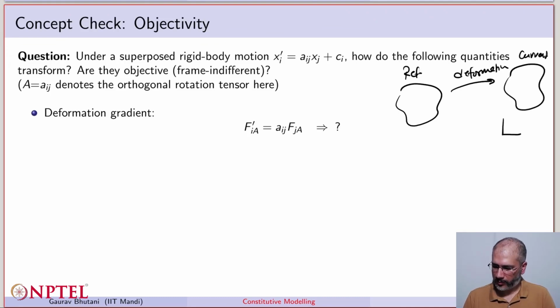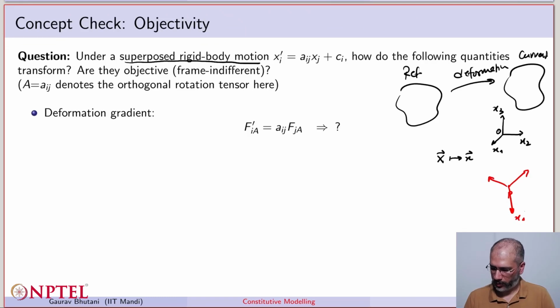This coordinate system O small x1, small x2, small x3 is the coordinate system that is used to measure the deformation in the current configuration or the spatial coordinate system. So we have a mapping from capital X to small x, but there is a superposed rigid body motion. That means that there is an observer at point P which is also rotated.